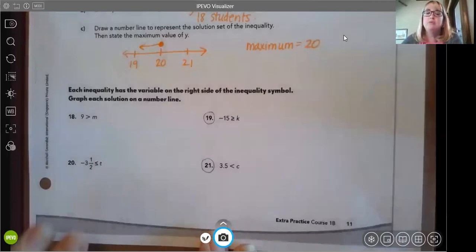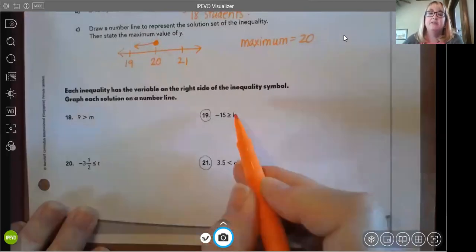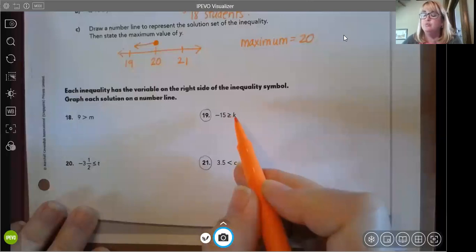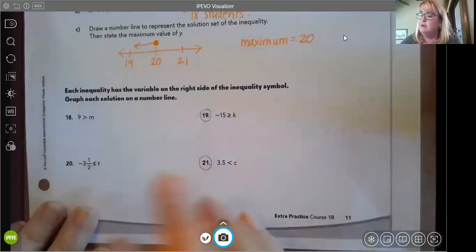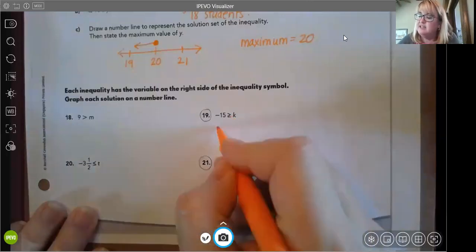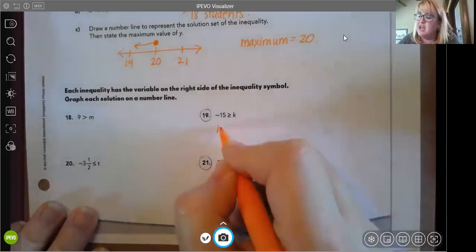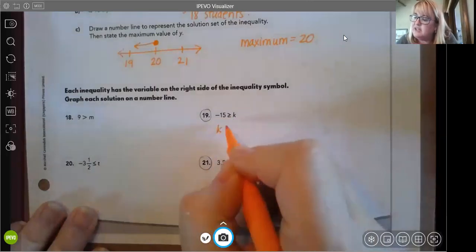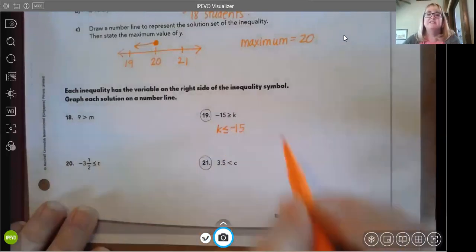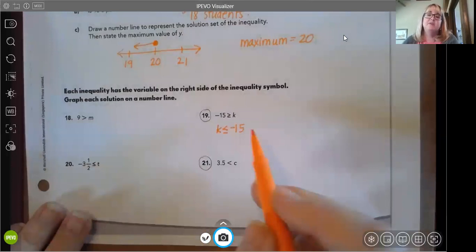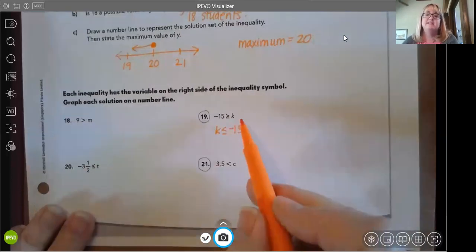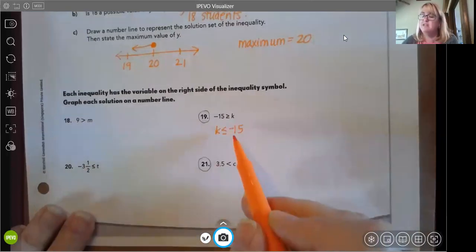Okay, when you have a variable on the right side, I want you to rewrite it. Turn it around and rewrite it. So instead of this, I'm going to switch K, switch the sign, and then switch the other number to the other side. So instead of 15 is greater than or equal to K, we've got K is less than or equal to negative 15.